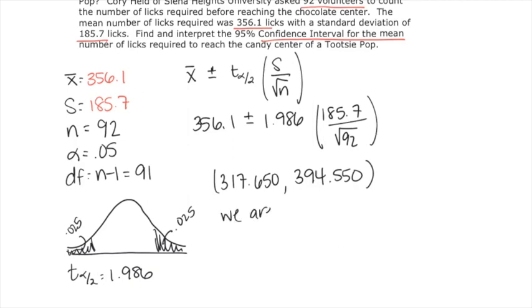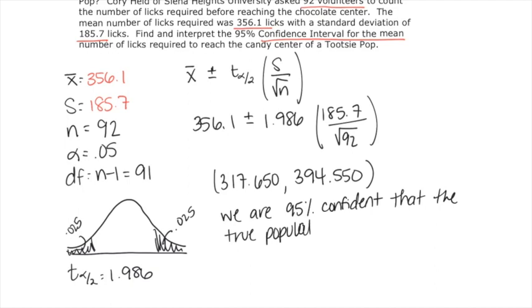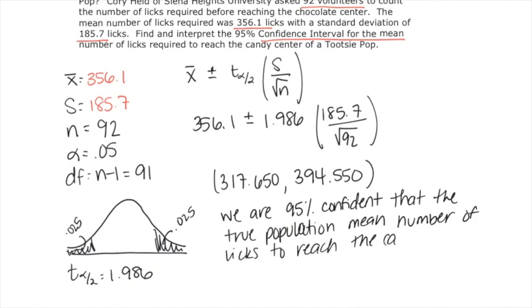So we are 95% confident that the true population mean, because now we're talking about mean, number of licks to reach the candy center of a Tootsie Pop is between 317.650 and 394.550.